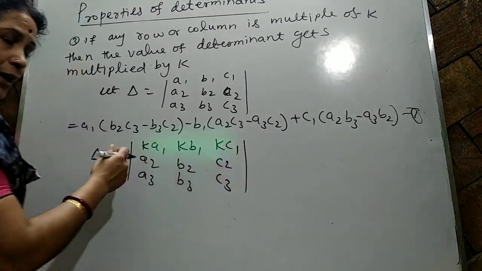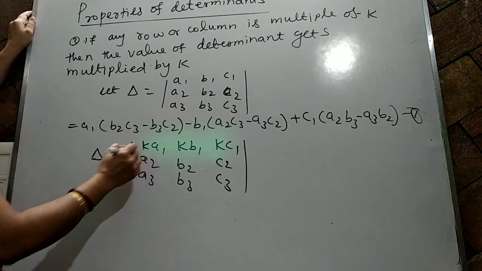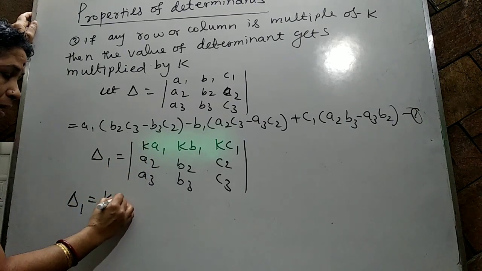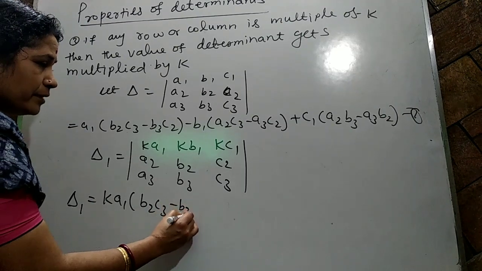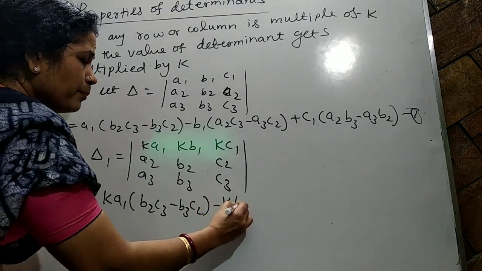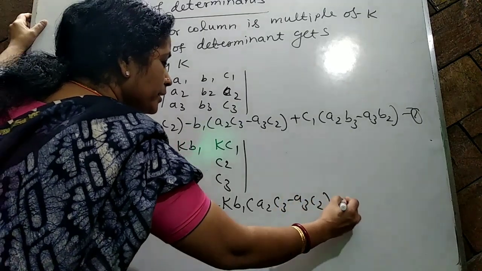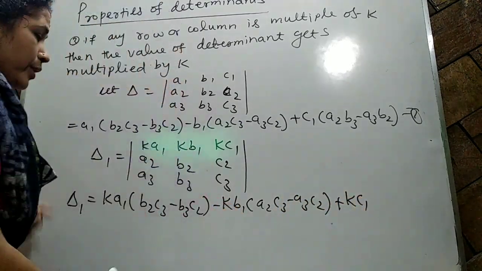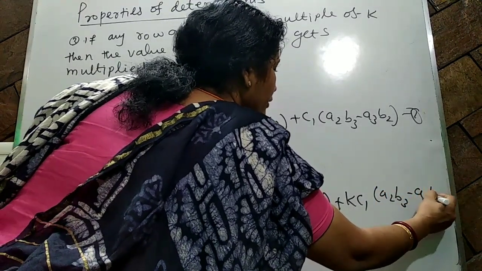Let me prove this. Opening with the help of R1: kA1 into (B2C3 minus B3C2), minus kB1 into (A2C3 minus A3C2), plus kC1 into (A2B3 minus A3B2).